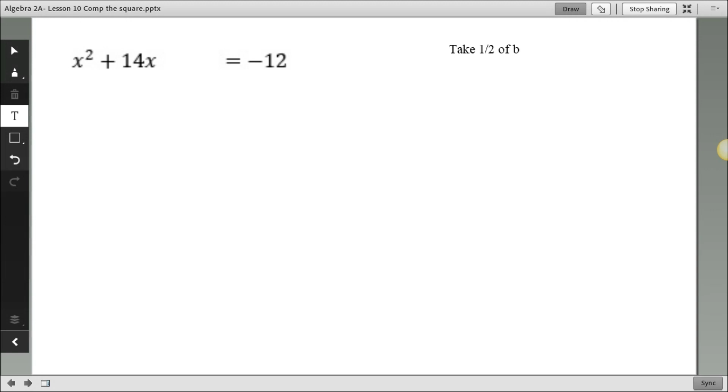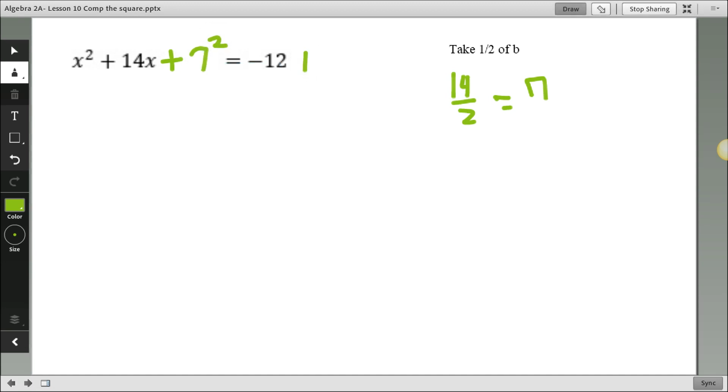So we're going to take half of 14. And we're going to square it and add it to each side. So plus 7 squared, plus 7 squared. So that's the completing the square process.